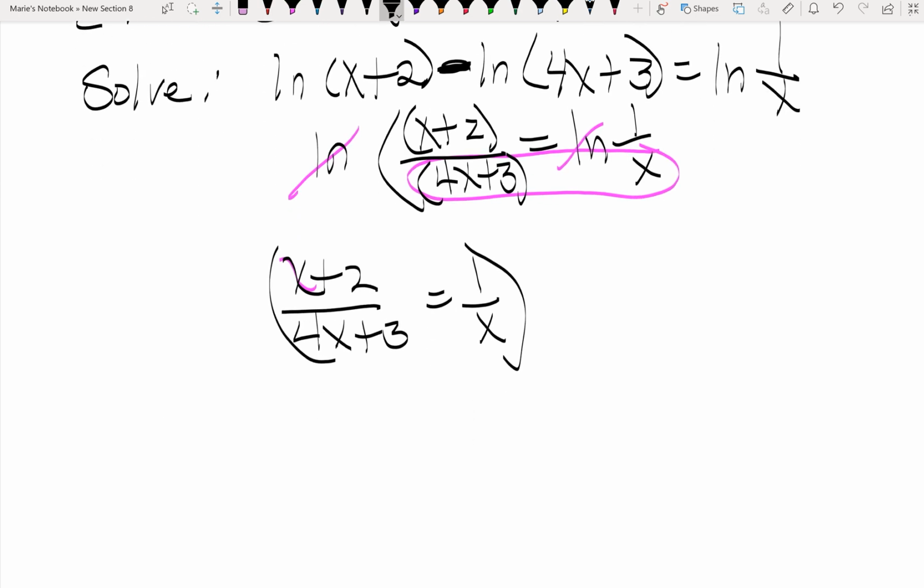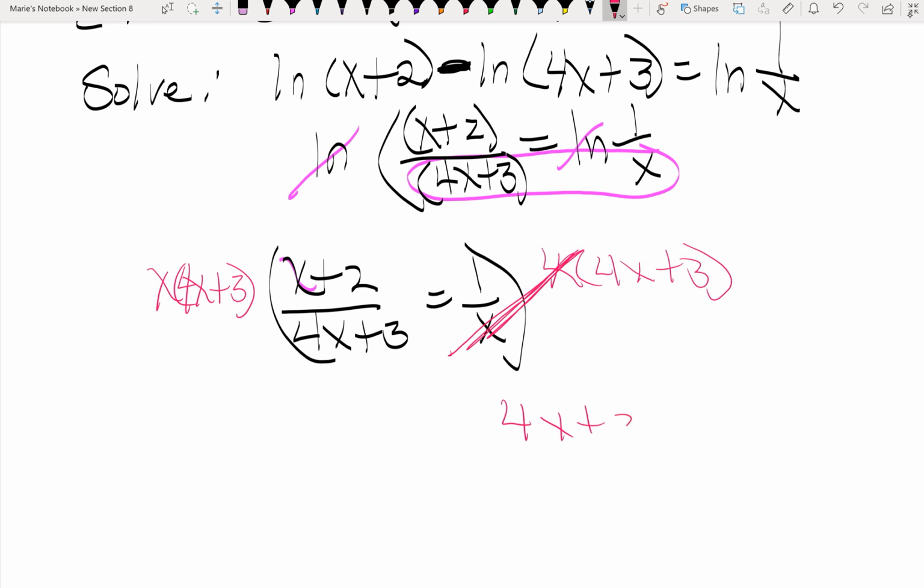So I'm going to multiply, let me do this in red so you can follow along, by x over 4x plus 3 on both sides. So this is x times 4x plus 3. So if you notice, these two x's will cancel here. So on this side, you're left with 4x plus 3.